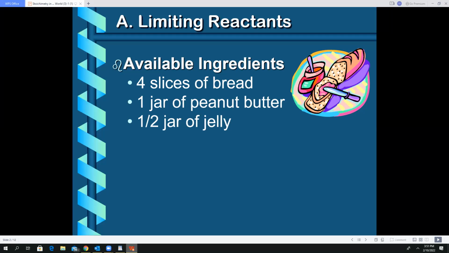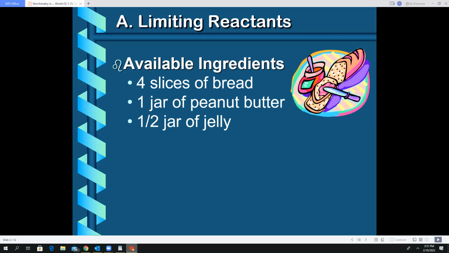How many sandwiches can you make? That's right, 2. So you have enough to make more of the peanut butter and of the jelly, right? But you ran out of bread.